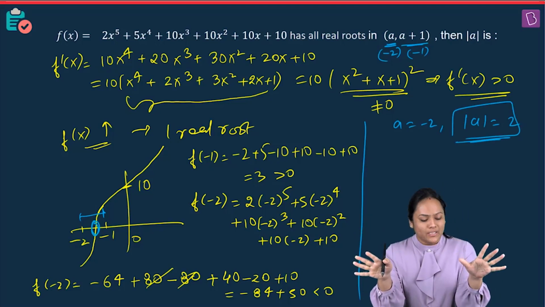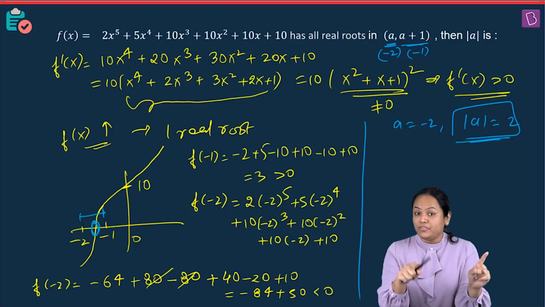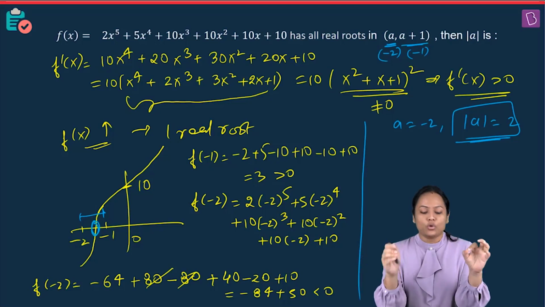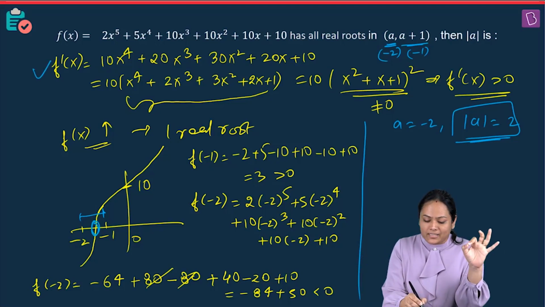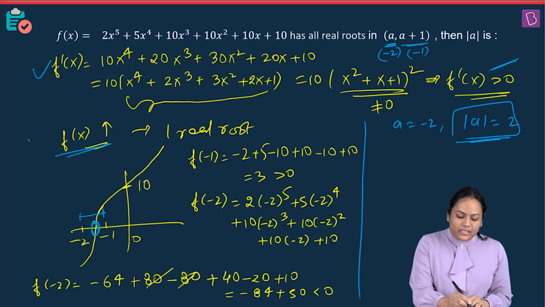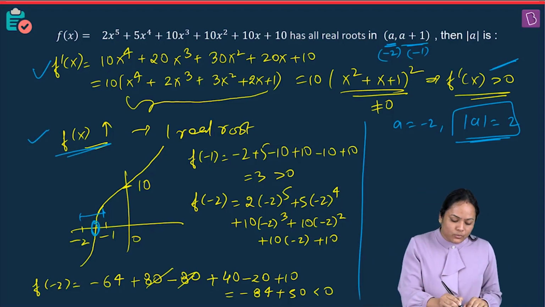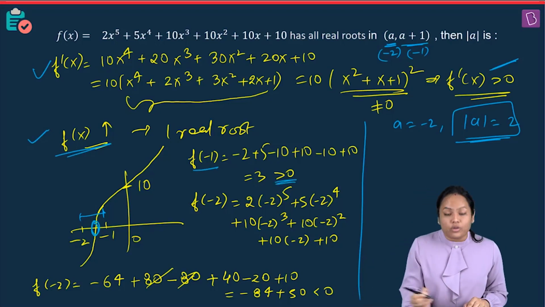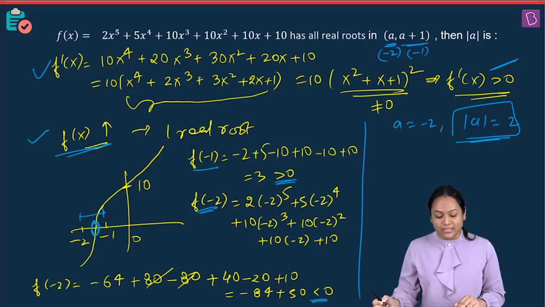So have you understood? I personally enjoyed the question. It involved a different concept. The function was not differentiable, so we found f dash x and we found that function has its derivative as greater than 0. That means it's always increasing. And then by hit and trial, we got the idea that -1 value comes out as positive, but when x is -2, my f of -2 value comes out as negative.